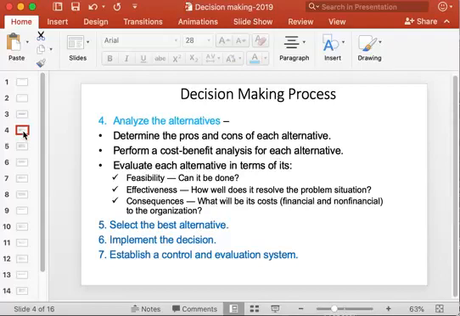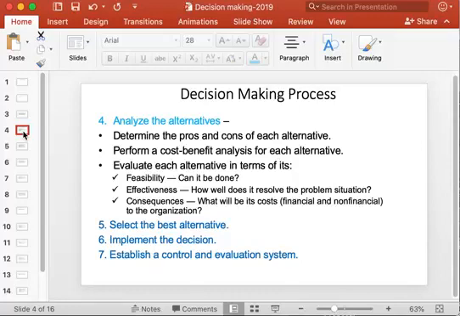Then see how each alternative solution is effective, and also for each alternative evaluate the consequences, either in terms of financial or non-financial aspects, both to the organization and its environment.